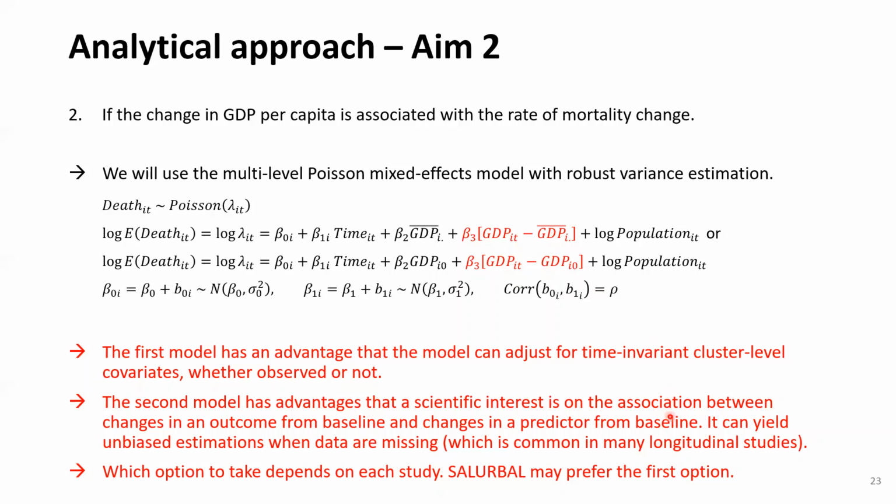But at the same time, we don't have missing data because we have data of 20 cities continuously from 2005 up to 2015. So in this sense, we can go with the first one because we can control for these unmeasured covariates, which can be confounders. So what shall we do? Well, in my presentation, I did analysis using two methods to see if there are any differences.